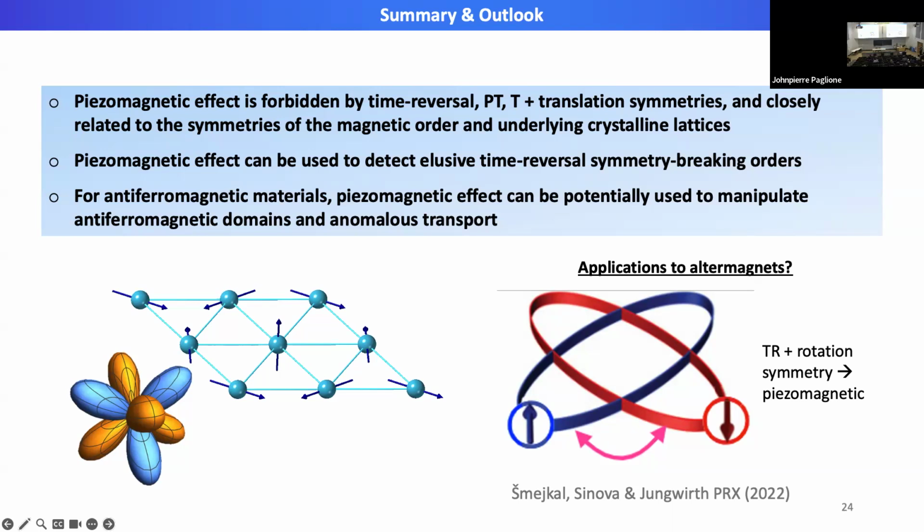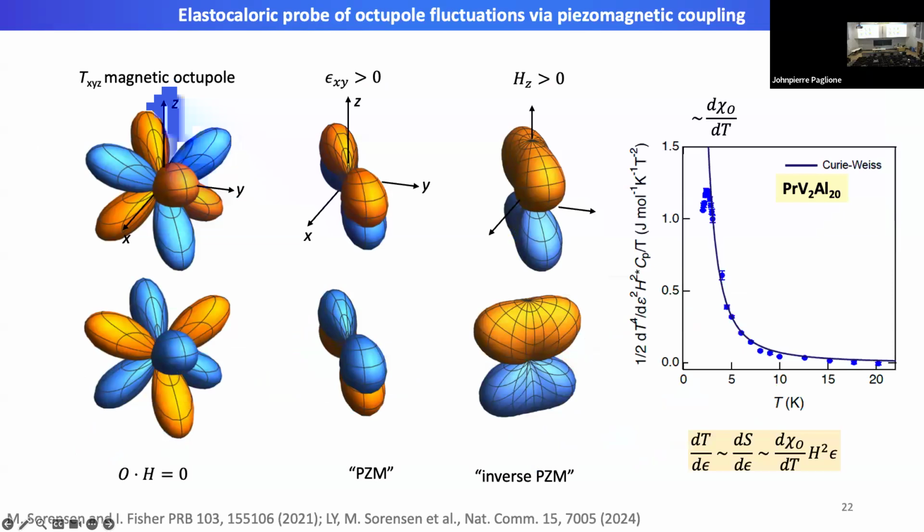Bruce? So, going back to this slide, this isn't the only possible orbital that would carry a multipolar moment, right? You have L equals 3 orbitals, so there'd be 7 of them. That's right. So this is just a simplified picture. And is there any difference in the response to strain of the different orbitals that carry a multipolar moment?